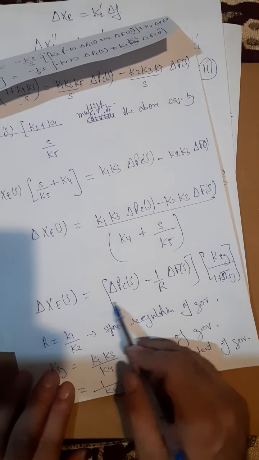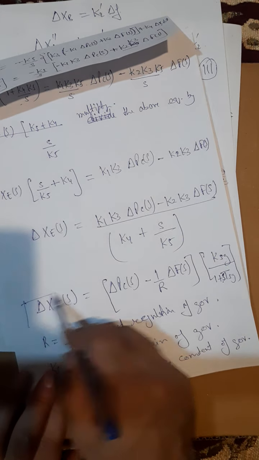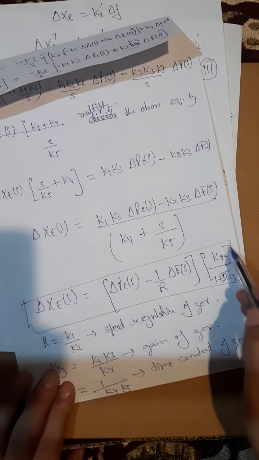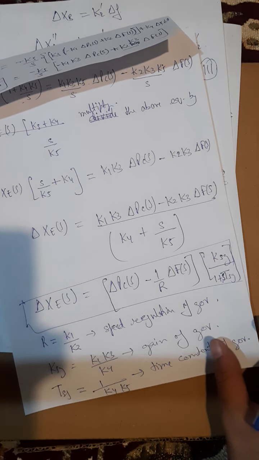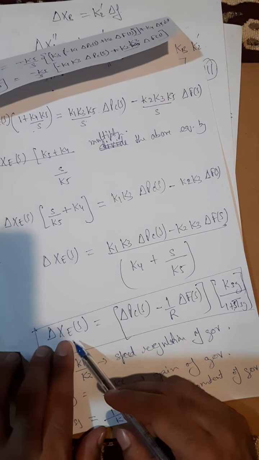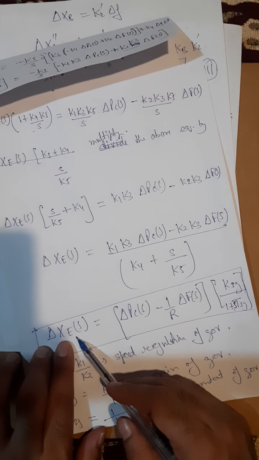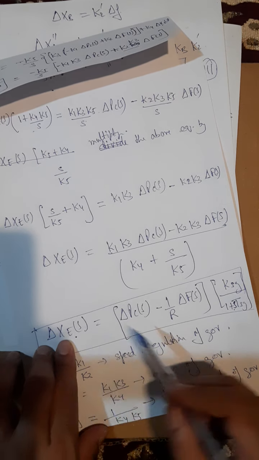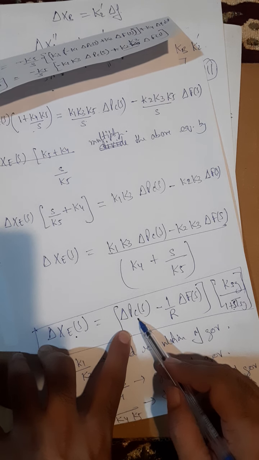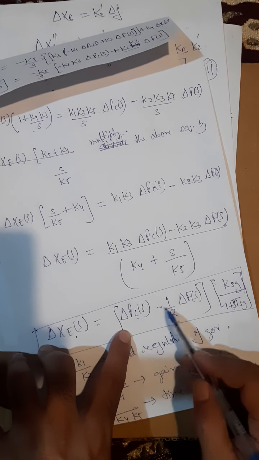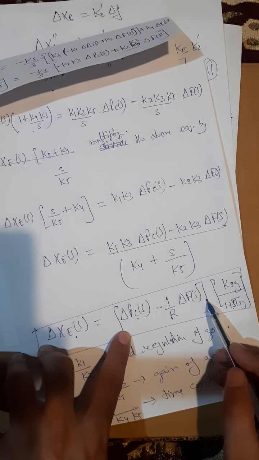So based on this equation, I will draw the block diagram of the speed governor system. The output is delta XES, and the input is delta PCS minus 1 by R delta Fs.